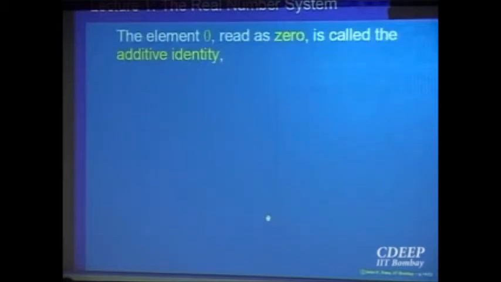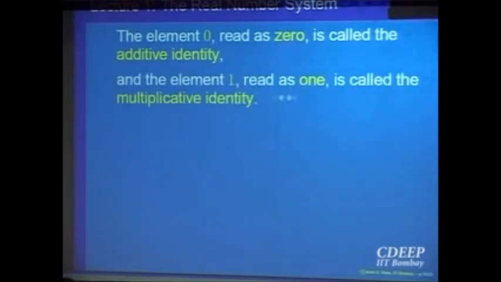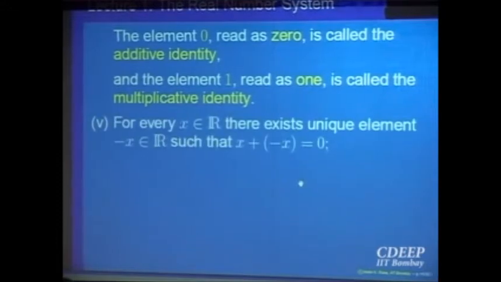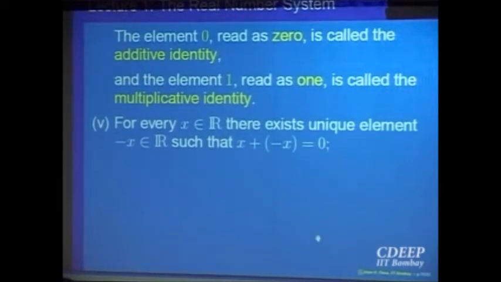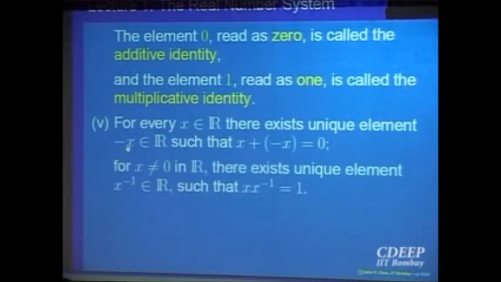So the element 0 is read as 0 and is called the additive identity, and 1 is read as 1 and is called the multiplicative identity. Then of course there are what we call the additive inverse and the multiplicative inverse with respect to those two operations. So there is an additive inverse for every real number, and for every non-zero real number there is a multiplicative inverse.